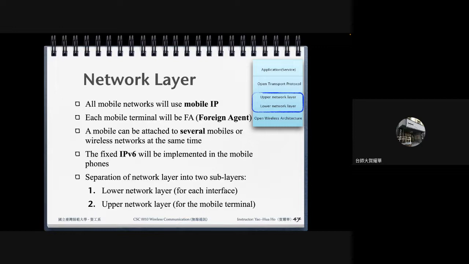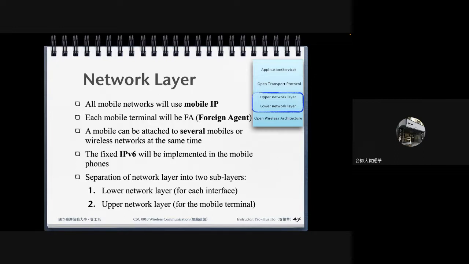A mobile device on the fifth generation can now connect to several mobile or wireless networks at the same time. It means you connect to the fifth generation cell network while also connected to a Wi-Fi connection. So they connect to everything at a similar time. They also use IPv6, which was implemented in mobile phones from the fourth generation, and the fifth generation still uses IPv6.